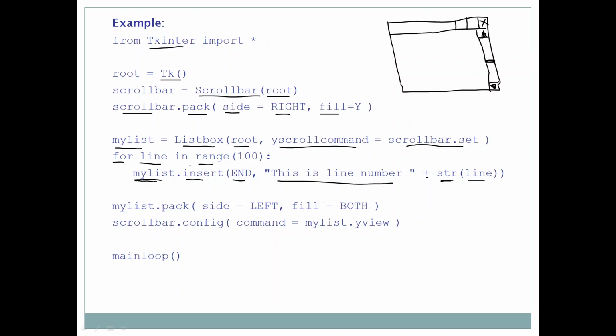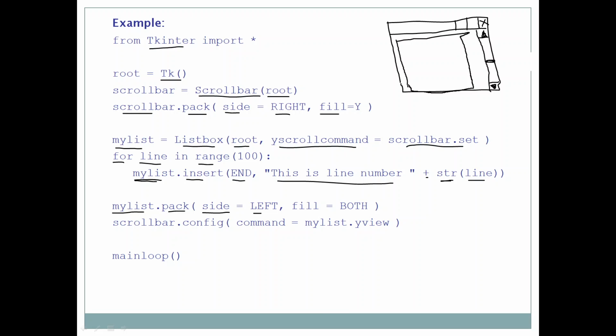Okay, after adding some content in the list box, we are adding the list box on the main container. So mylist dot pack, where you can see side is equal to left and fill is equal to both. That means it should take complete space in both directions. So we are adding the list on the left hand side. It will be added something like this.